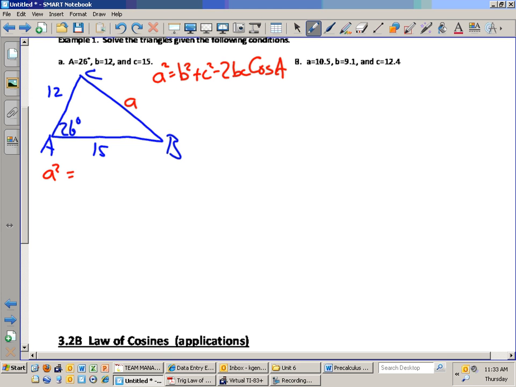What's B squared? 12 squared is 144. Plus, what is C squared? 225. Minus 2 times B, which is 12, times C, which is 15, times the cosine of A, which is 26.